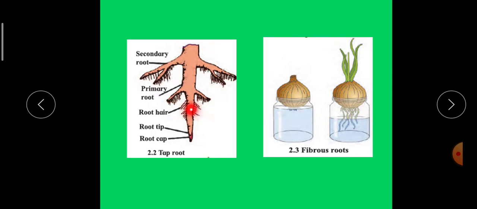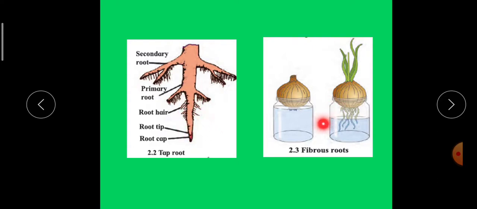Hair-like processes near the root tips are called root hairs. It has got a root cap. In the region of the growth of the root, the tip is covered by a cap-like structure. And this cap-like structure's role is to protect the root tip from injuries. Now, this is all about a taproot.